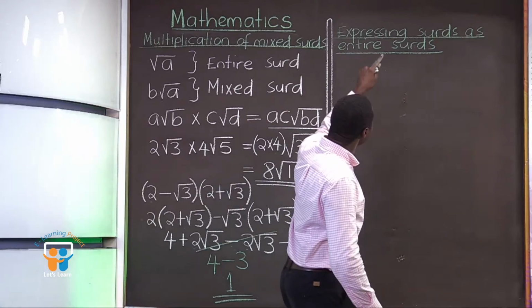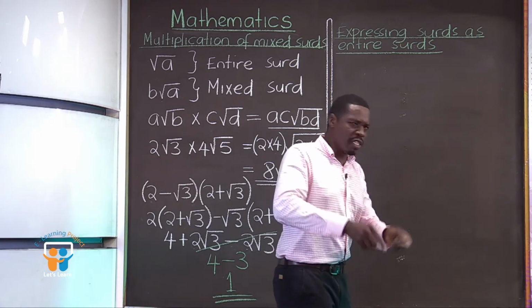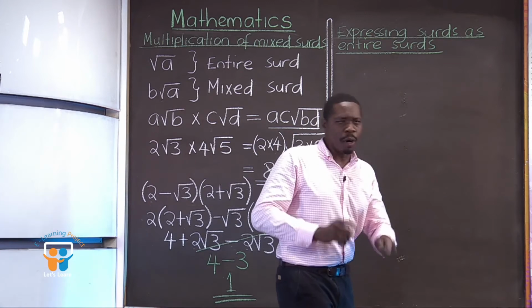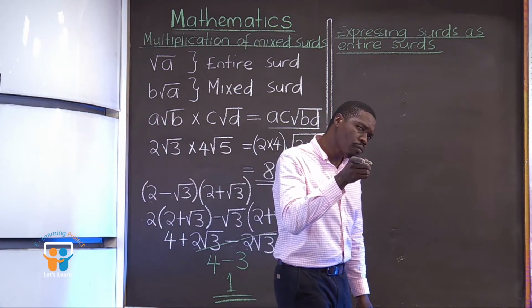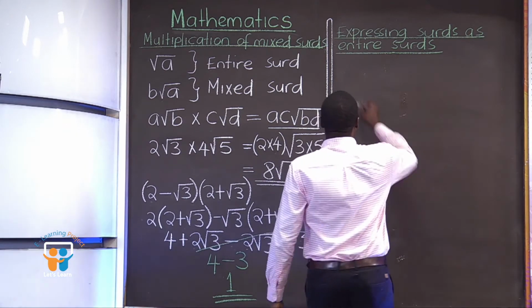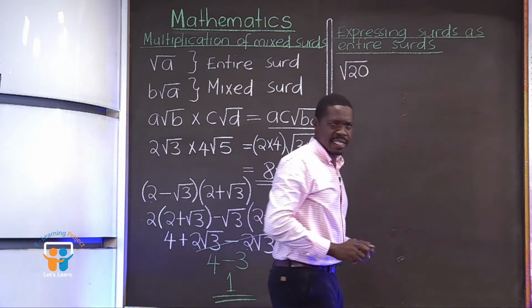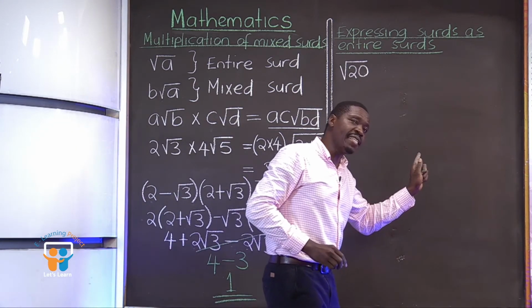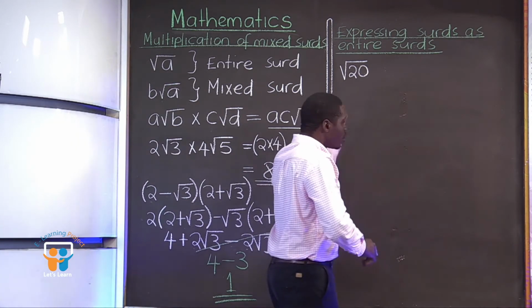Now, expressing surds as entire surds. Mr. Examiner, when I was introducing this topic, we talked about simplification of surds, and I gave an example. For example, if I have root 20 and they say simplify it, it means I'm going to look for 2 numbers which when I multiply, I get 20.